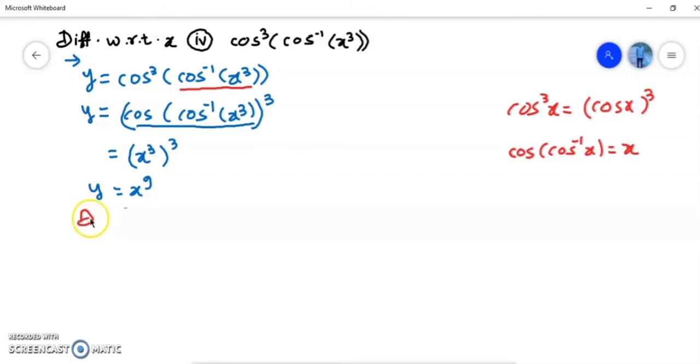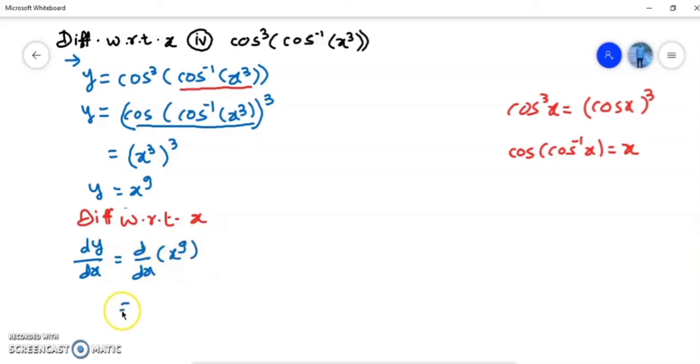Now you can differentiate it without using too many difficult things. Differentiating with respect to x, you get dy by dx is equal to d by dx of just x raised to 9. And what is d by dx of x raised to 9?